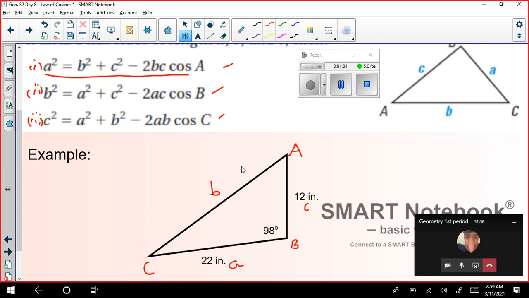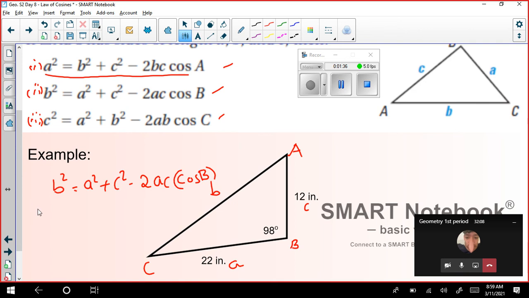You can use the formula, which is b square equals a square plus c square minus 2ac times cos B. So we will just substitute whatever we have and try to simplify further for b.